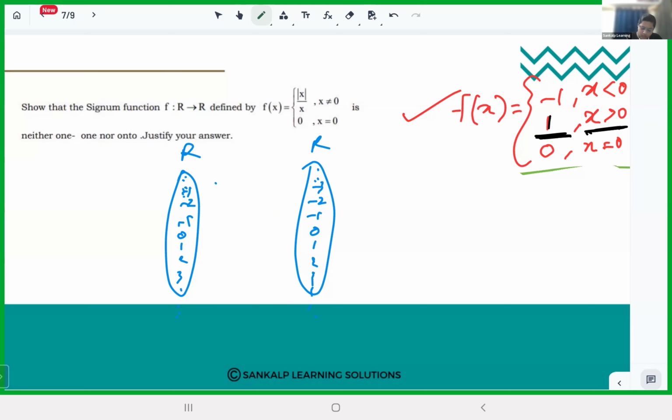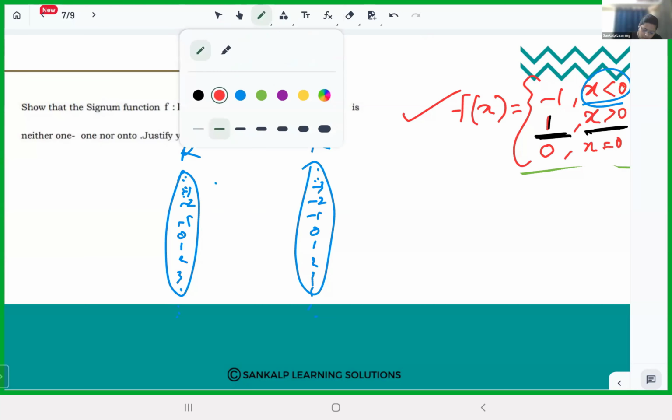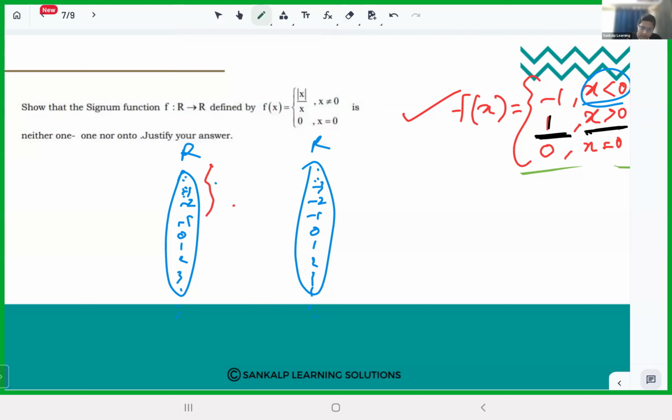All right. So here you can see that x less than 0 means all these numbers. If I take x equal to -3, -3 maps to -1. -2 also maps to -1. -1 also maps to -1, and all the numbers in between map to -1.